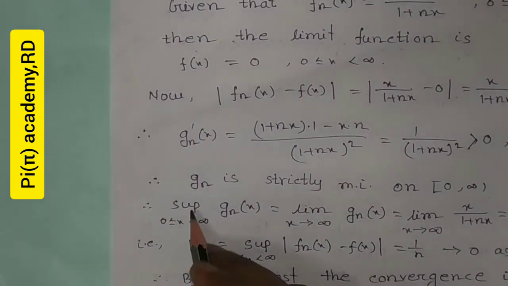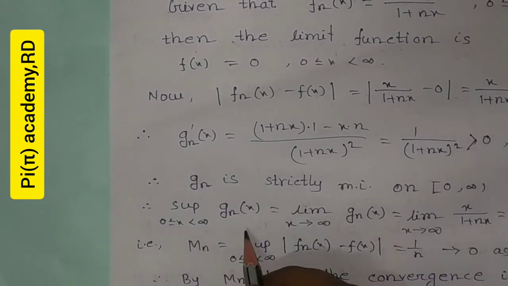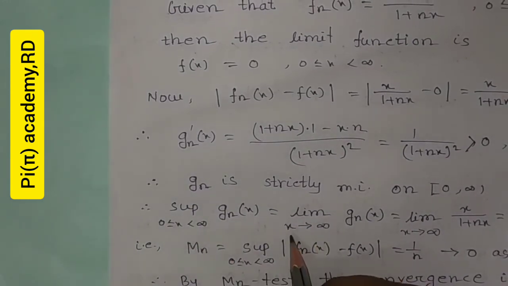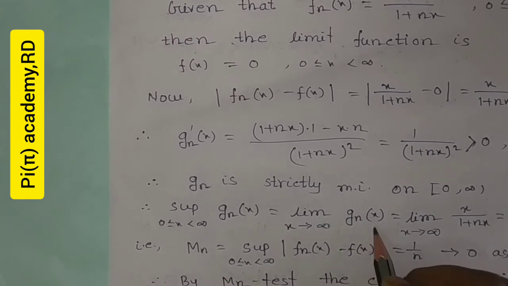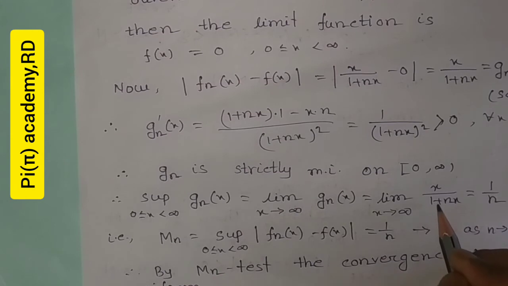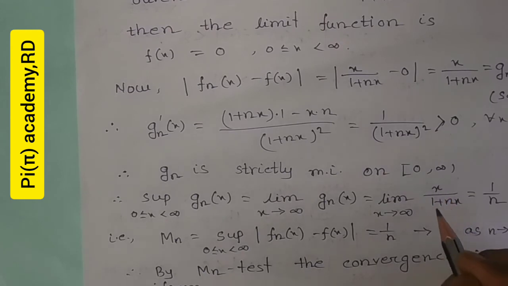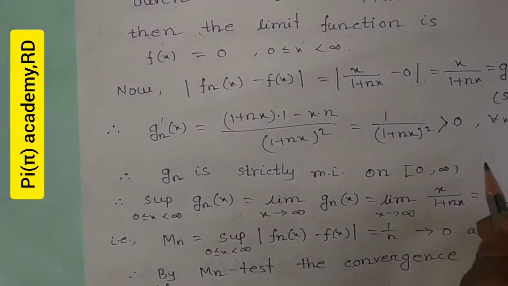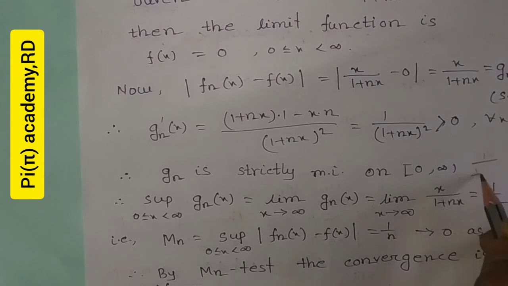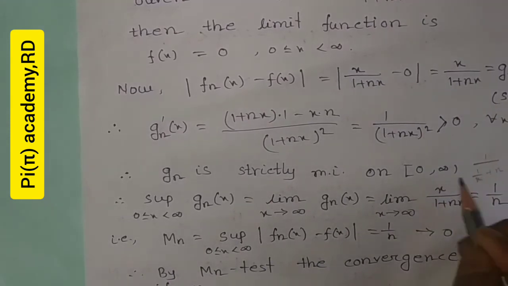Now the sup over 0 less than or equal to x less than infinity of gn(x) equals the limit as x tends to infinity of gn(x), which equals the limit of x divided by 1 plus nx, and this equals 1 by n. If we divide by x, we can write 1 divided by 1 by x plus n. When x tends to infinity, it gives 1 by n.